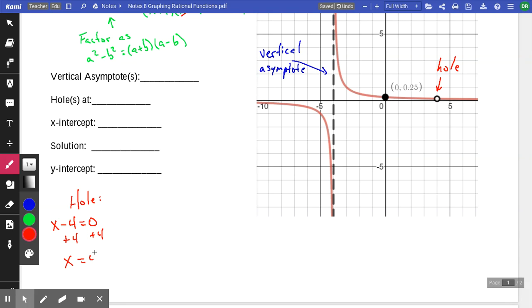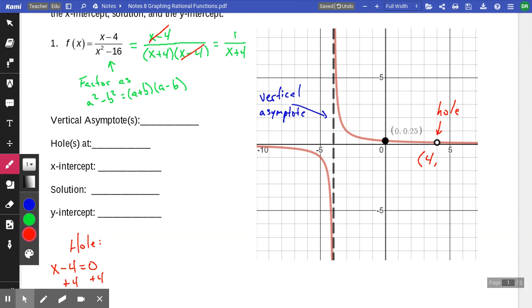So what this means is we're going to have a hole. The location of the hole is going to be at an x value of 4. If you go back to the graph over here, that's exactly what we're seeing, right? This open circle at positive 4. But a hole is an ordered pair. So 4 is the first number, but what is the second? What's the y value of that hole?